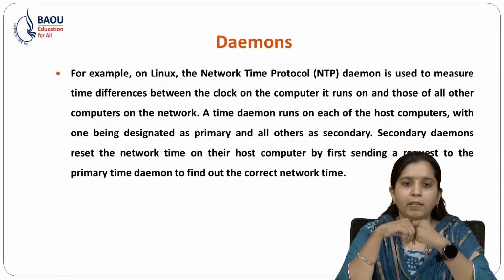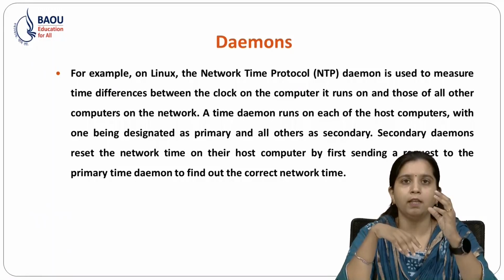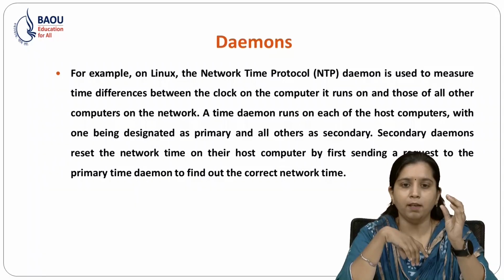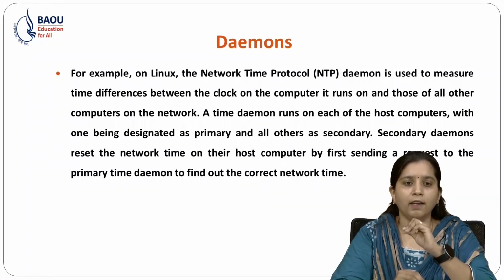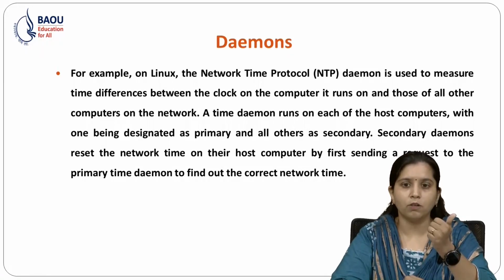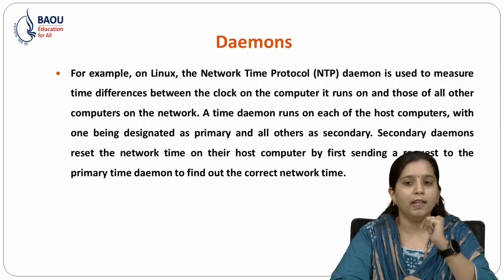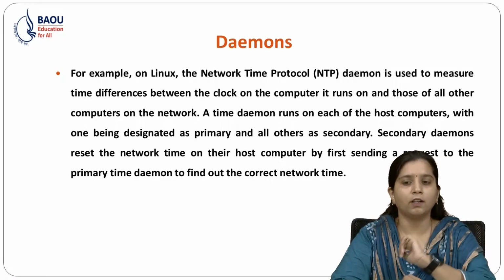So what the daemon does is a time daemon runs on each host computer, with one being executed as primary and all others as secondary. The secondary daemons reset the network time on their host computer by first sending a report to the primary time daemon to find out the correct network time.